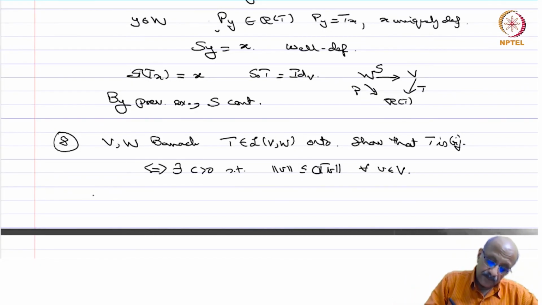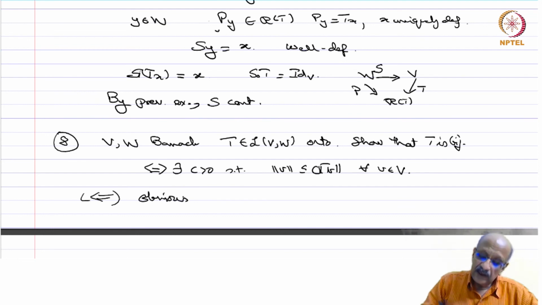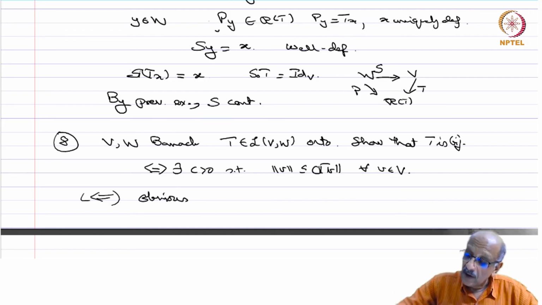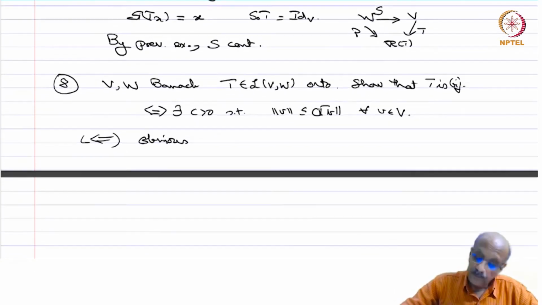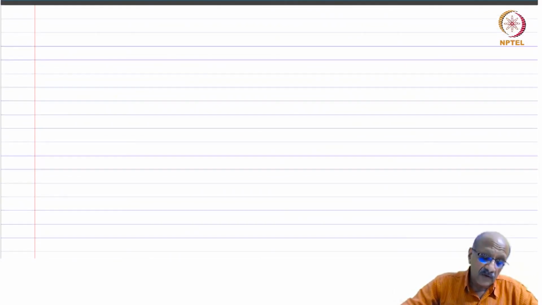One way is obvious, because if you have such an inequality then automatically T is injective, and T is already surjective, and therefore it is a bijection.